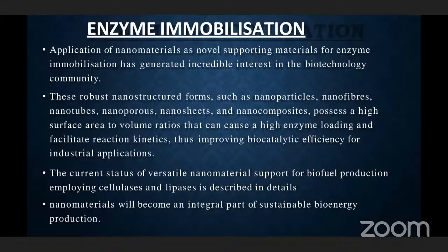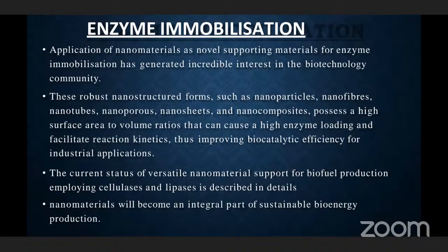We can form nanoparticles, nanofibers, nanotubes, nanopores, nanosheets, or nanocomposites, which have a high surface to volume ratio. They can hold a high quantity of enzyme, where the reaction can take place and reaction kinetics can be facilitated, which will improve the biocatalytic efficiency of enzymes on an industrial scale.